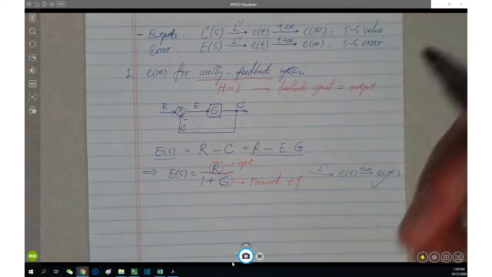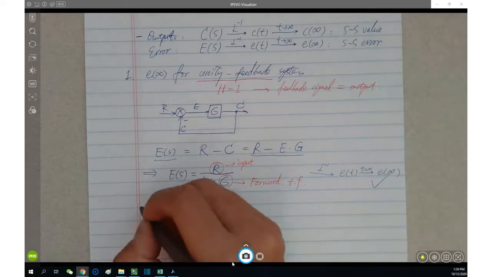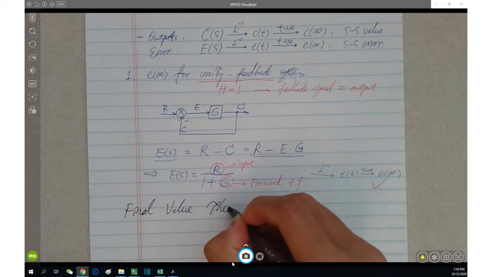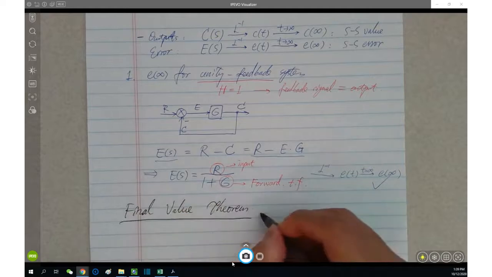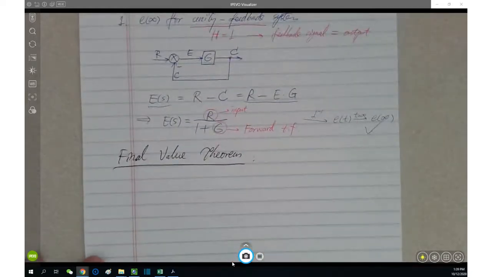It's called the final value theorem. Have you guys learned this before? Ever heard of it? Final value theorem. Sounds familiar.